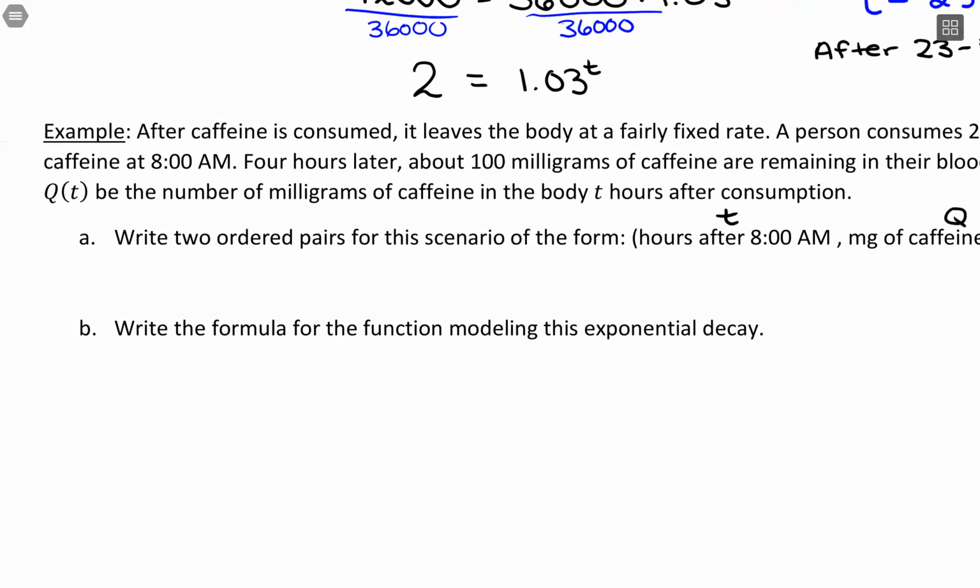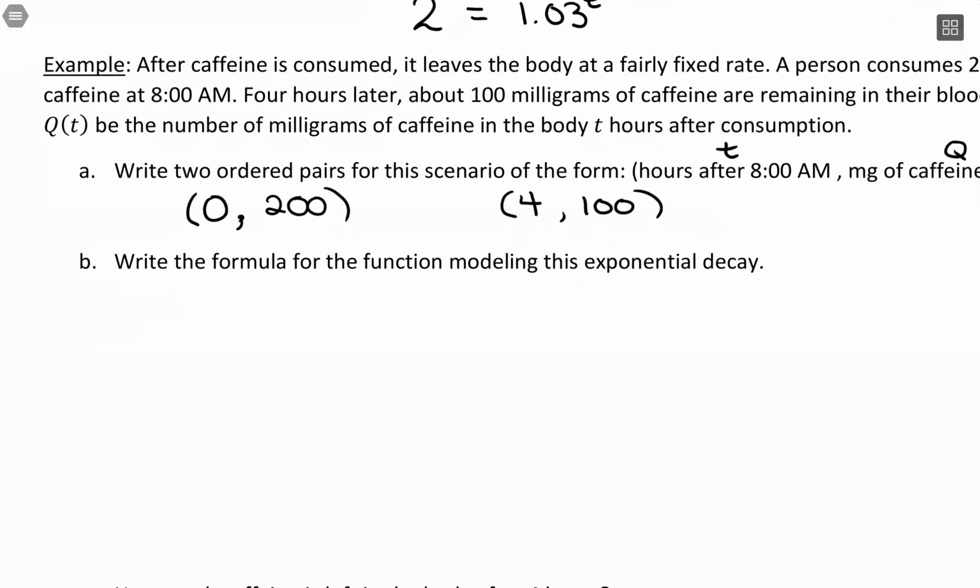So the idea is when T is 0, which is the same as 8 a.m., we know there are 200 milligrams present. And then they tell us 4 hours later, so 4 hours after 8 a.m., there were 100 milligrams left. So writing a formula for the function, this is a case where we know the initial value and we know a coordinate.